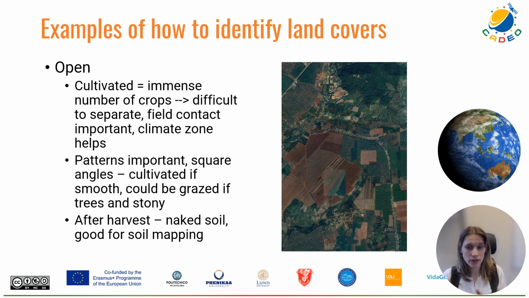If you have trees or stones in it, it's more likely that it's grazed. Yeah, and then after harvest, it's a good idea to use post-harvest images for soil mapping, because then you see the naked soil, which it's hard to see when you have vegetation. So these are some things to consider when mapping.